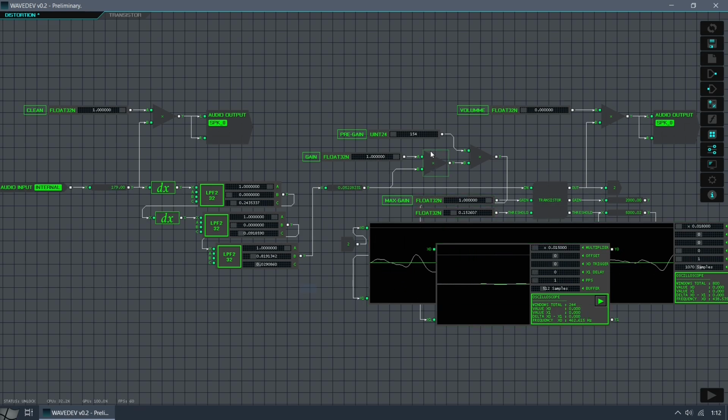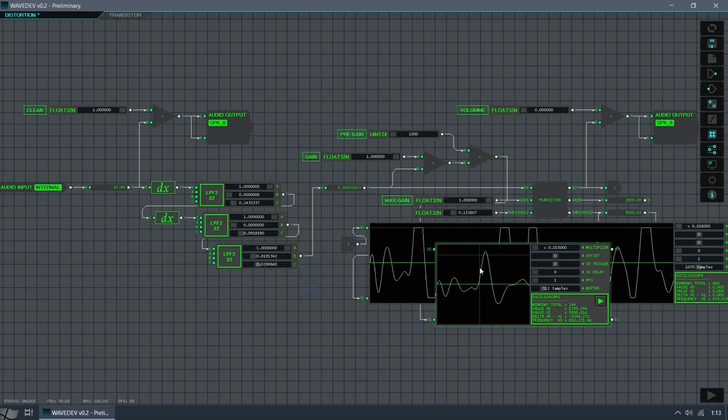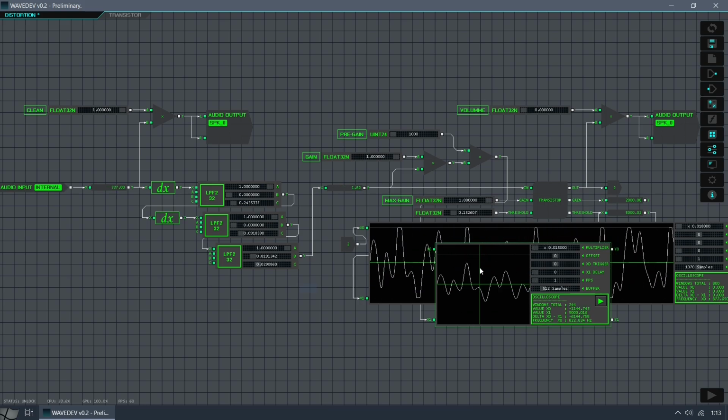I'm going to increase the value until we get closer. They don't need to match exactly, as they never will. A reasonable approximation is enough. I'll round it to 1000 to simplify the exercise.